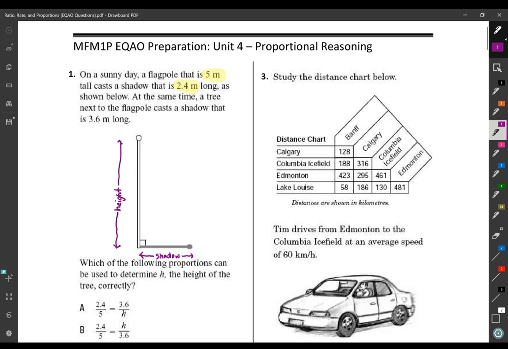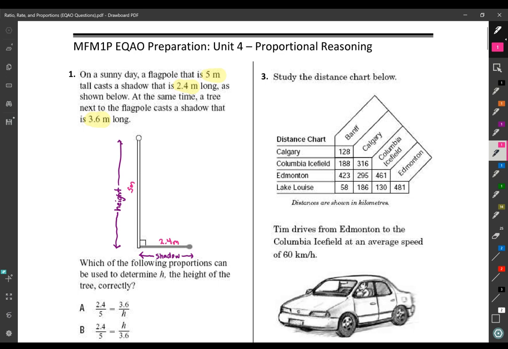as shown below. At the same time, we have a tree that's next to the flagpole, and it casts a shadow that is 3.6 meters long. So we have a flagpole that's 5 meters tall, and the shadow is 2.4 meters.